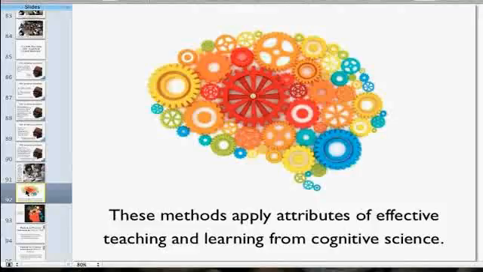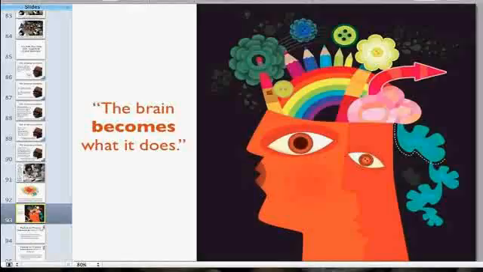So the methods that I've shared today apply attributes of effective teaching and learning that we've gotten from cognitive science, from neuroscience, et cetera. And this is a great quote that came from a presenter that I heard a few months ago: the brain becomes what it does.